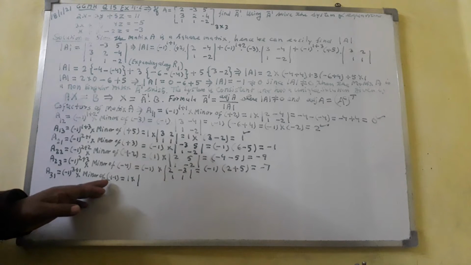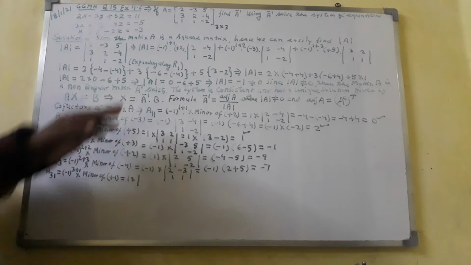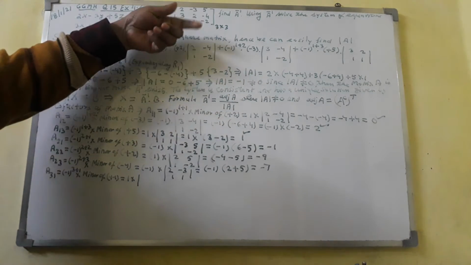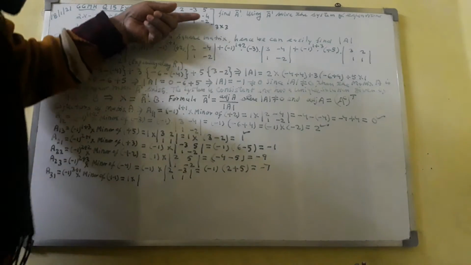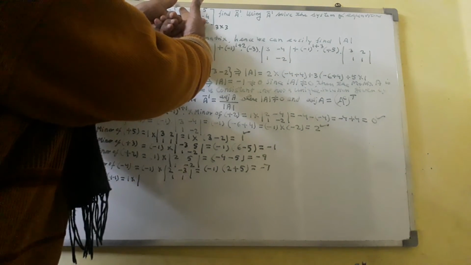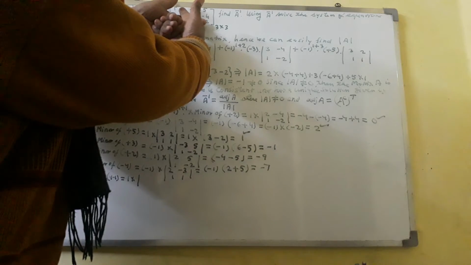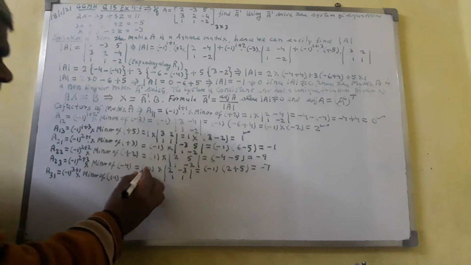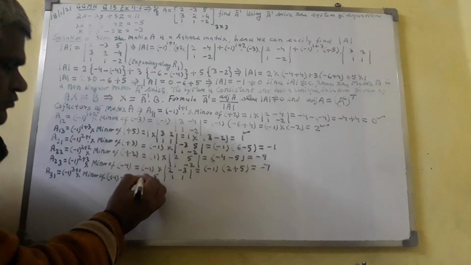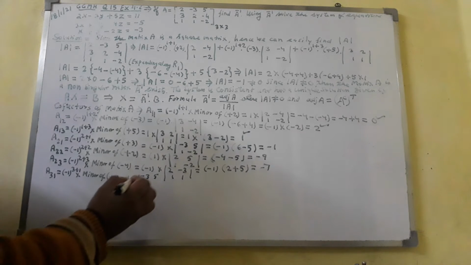And -1, minor of +1. Minor of +1 will get here. 1 is there in third row. Third row and first column will be hidden. You will get the minor of +1 as -3 5, -2 -4.